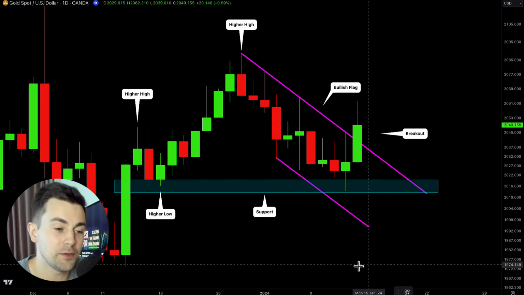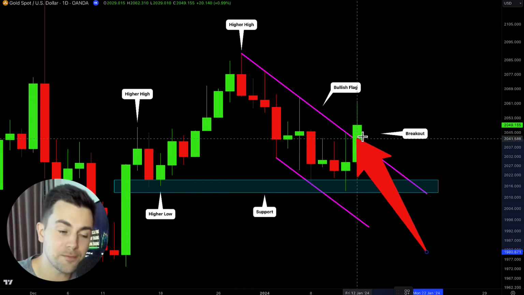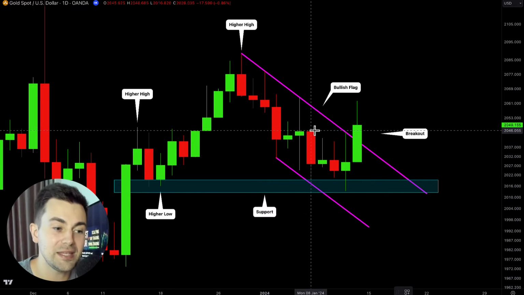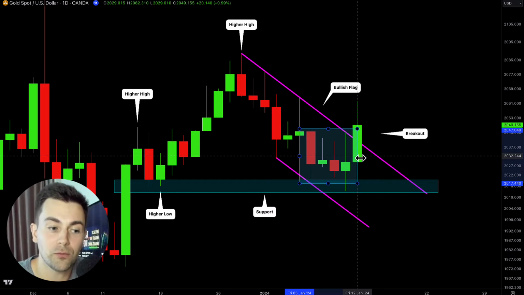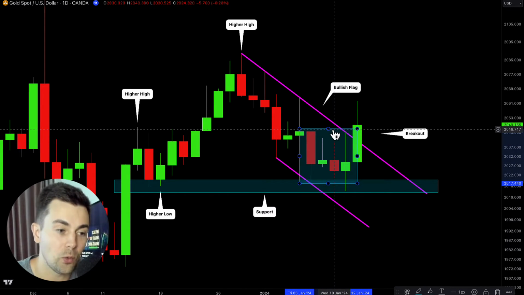After the test of a key support, we saw multiple rejections, and then the price formed a high momentum bullish candle. Also, from the technical analysis perspective, we also got here the inside bar formation, and this bullish candle violated the range of the mother's bar.